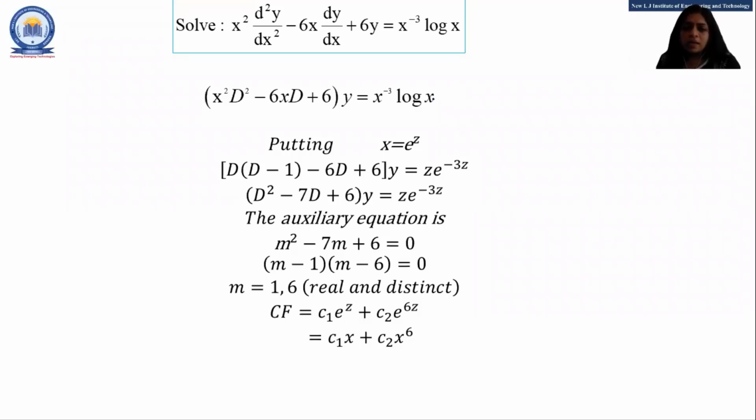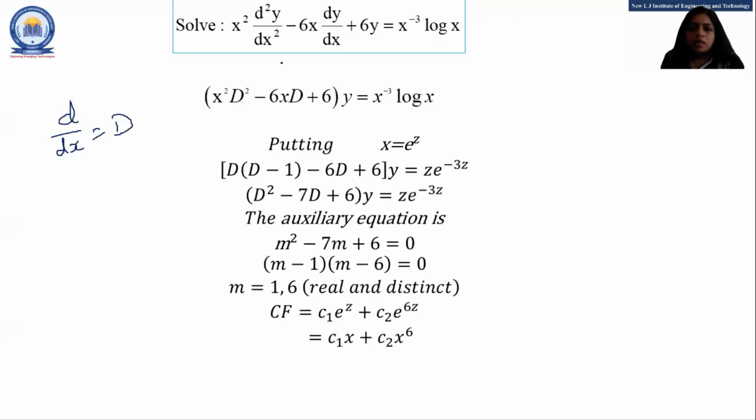So in this lecture, we are going to solve Euler-Cauchy examples in which different kinds of PI come from different cases. Okay, so this d by dx is again capital D, right? So this x square d by dx is capital D, so that is D square.